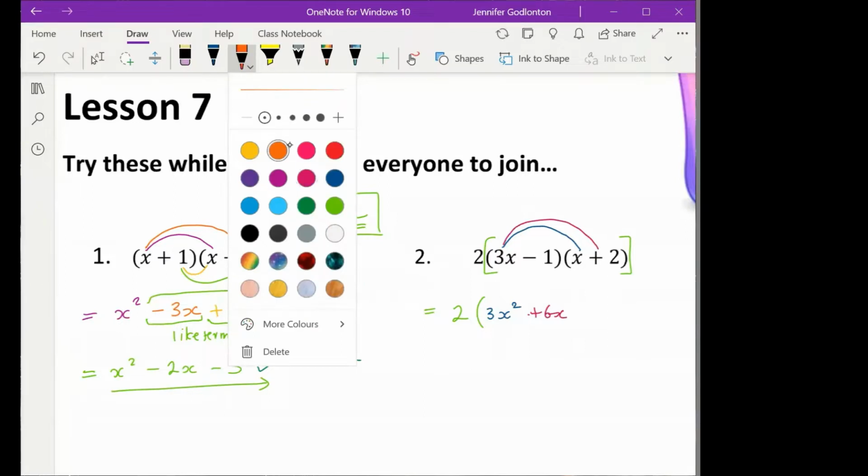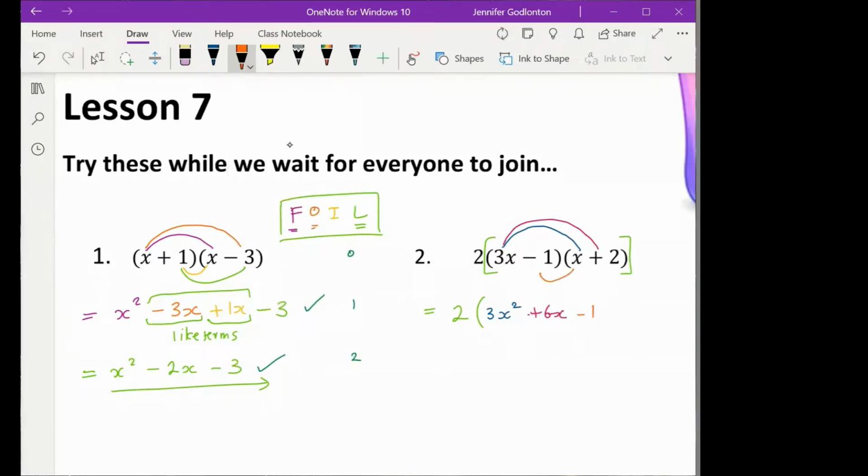And -1 times x is going to give us -1x. And then we look at our last terms, -1 times 2, which is -2. Okay, so all we did was we did our FOIL. We did firsts, outers, inners, lasts. We multiplied a binomial by a binomial. Okay, so that's our first step.